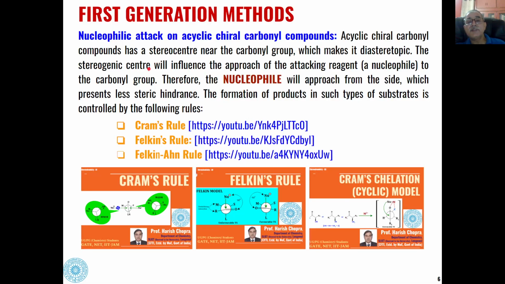Then first generation methods, the nucleophilic attack on acyclic chiral carbonyl compounds.